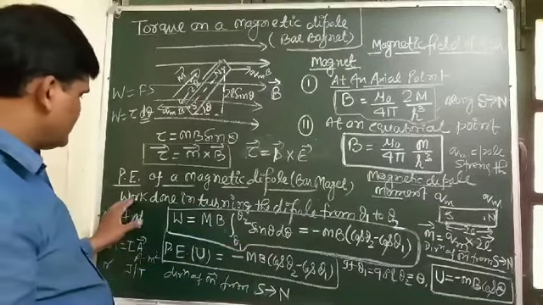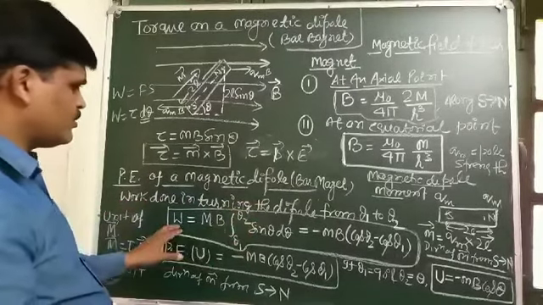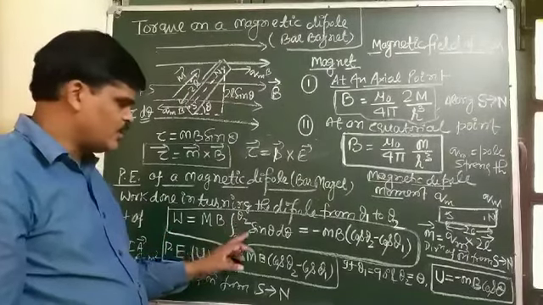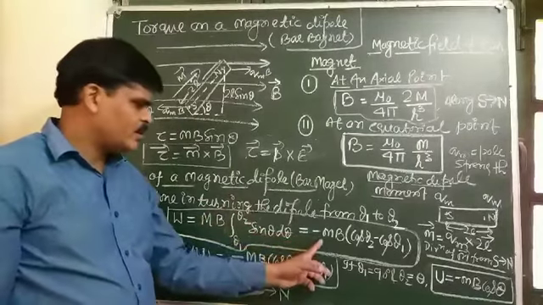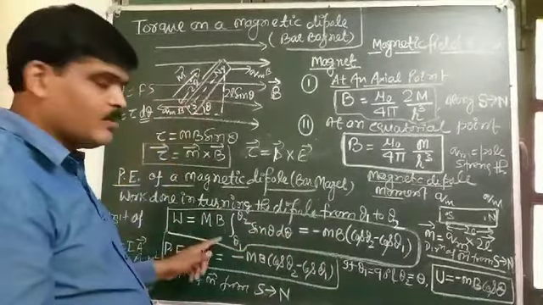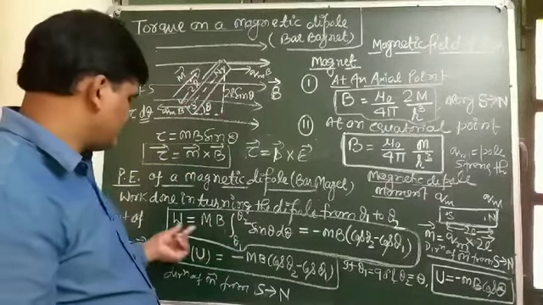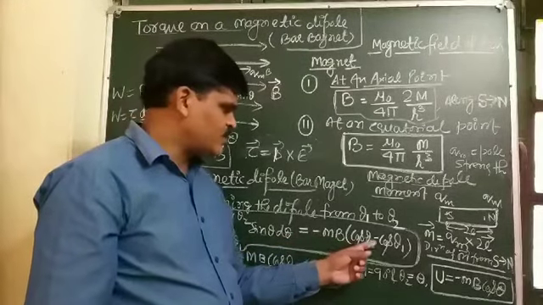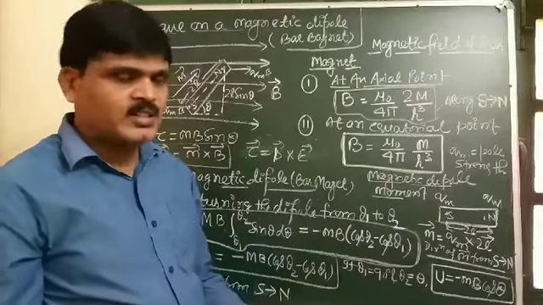So here I am writing the formula of work done in turning the dipole from theta 1 to theta 2, which is W equal to M B integral from theta 1 to theta 2 of sin theta d theta, and integrating it we get a minus sign. So the work done in rotating the dipole from any angle theta 1 to theta 2 against the torque acting on it comes out to be minus M B in bracket cos theta 2 minus cos theta 1, and this work done is stored in the form of potential energy.